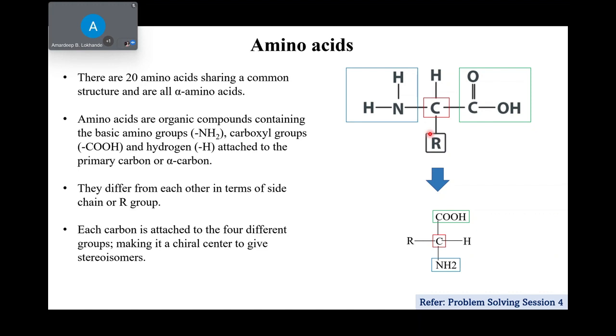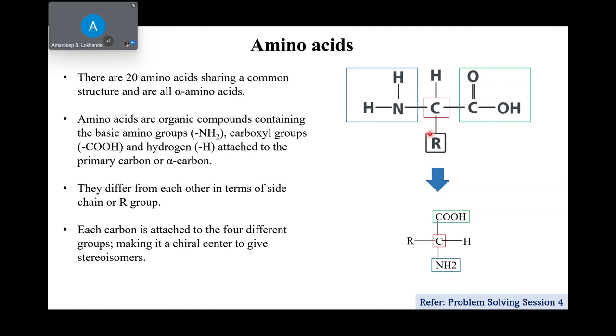Now, this C alpha bond to the N, remember this bond and then this bond. This bond is called a phi bond. And then C alpha to C, so this bond is called a psi bond. So C alpha C bond is called psi, C alpha N is called phi. And then you have this CN bond here. This is called omega.